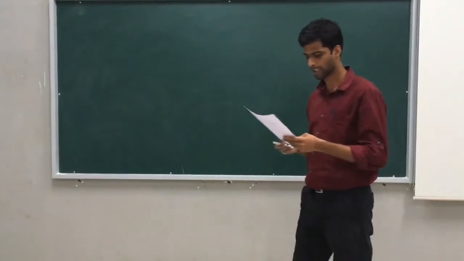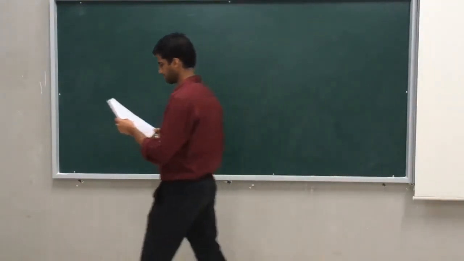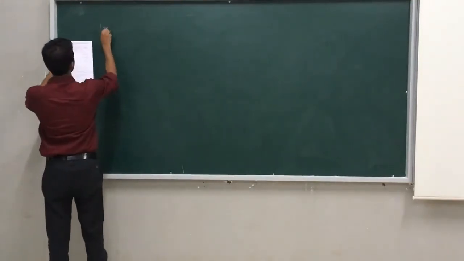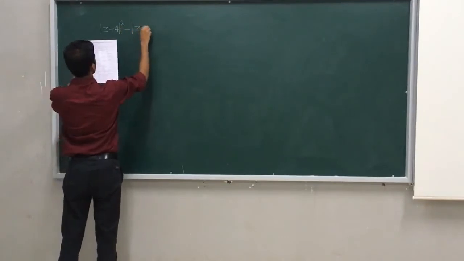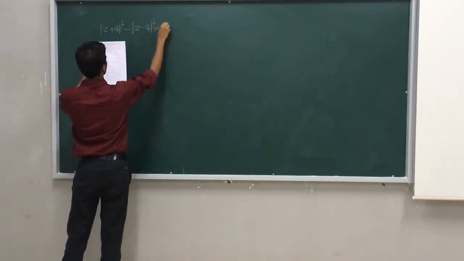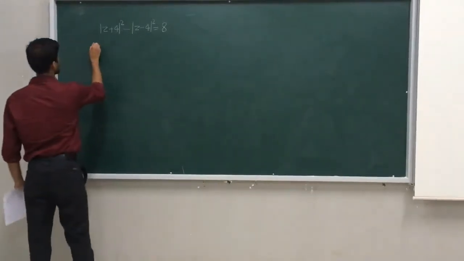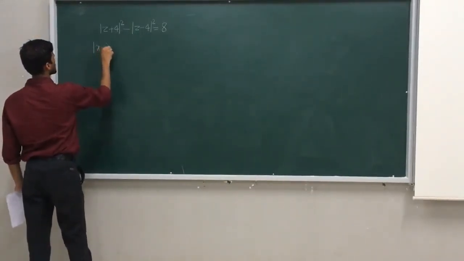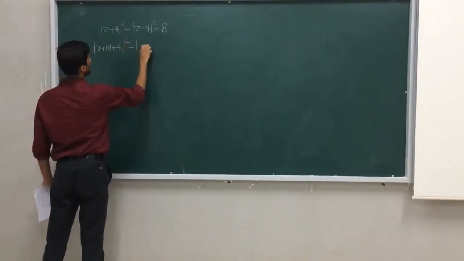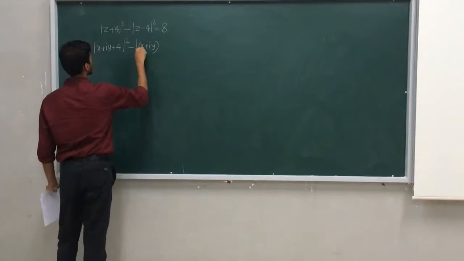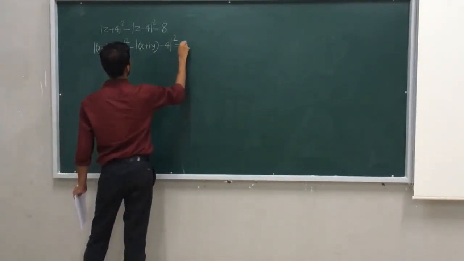Then we'll move on to the ninth question. The point representing complex number z for which mod of z plus 4 the whole square minus mod of z minus 4 the whole square equal to 8 lies on... Again, it's the same category of problem. So I'll take z as x plus iy. It is x plus iy plus 4 the whole square minus x plus iy minus 4 the whole square equal to 8.